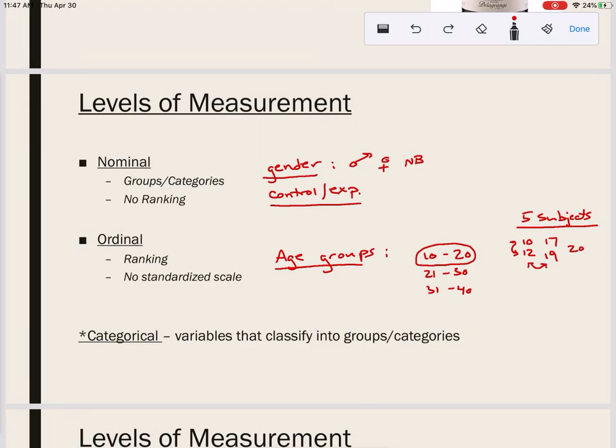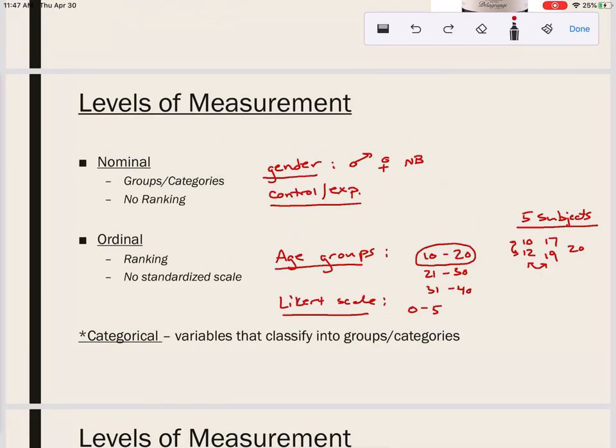But there's no standardized scale because the differences between each of these is not the same. I think as we go through more examples, you will understand this more. Another example of an ordinal level of measurement would be Likert scale responses.